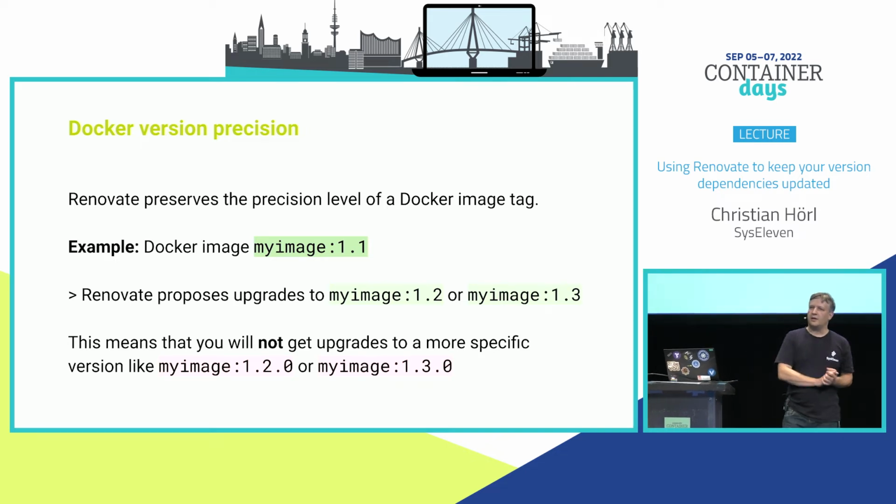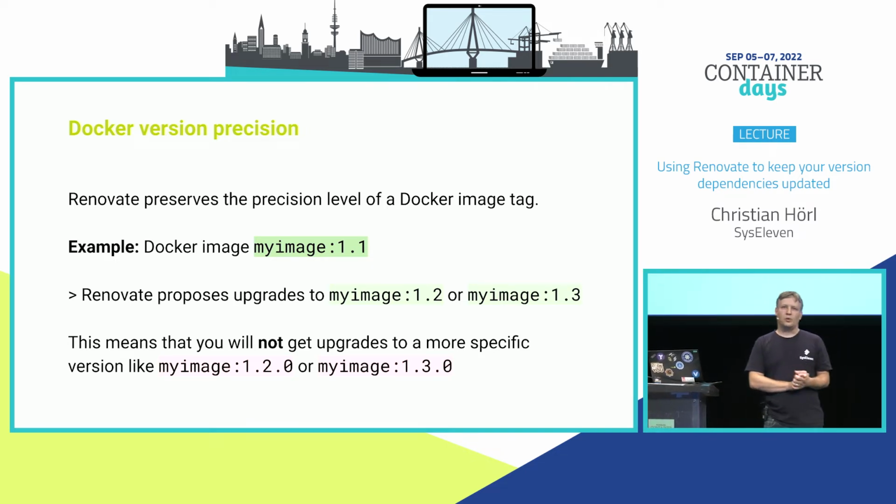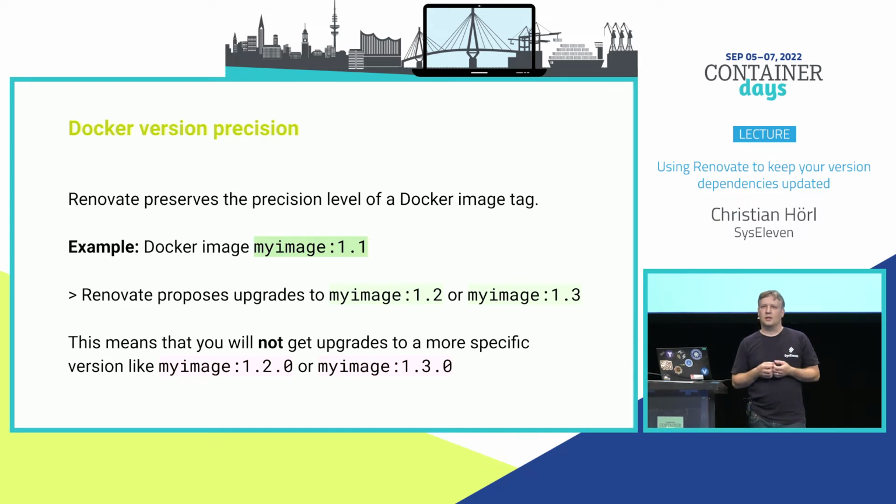And since there are definitely a lot of pull requests and updates available for your Docker image tags, Renovate offers a very precise versioning strategy for how to stick to your image tag versioning schema.